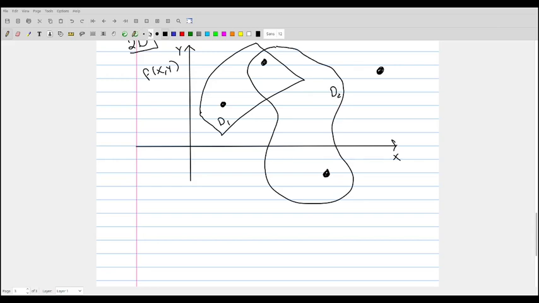You can label the critical points, say like P1, P2, P3, and P4, and you can see clearly why.